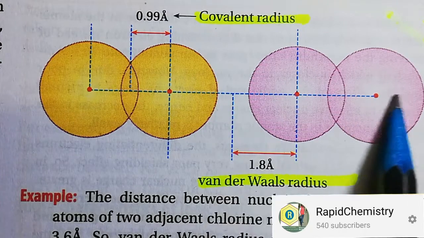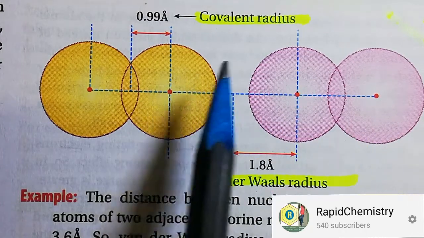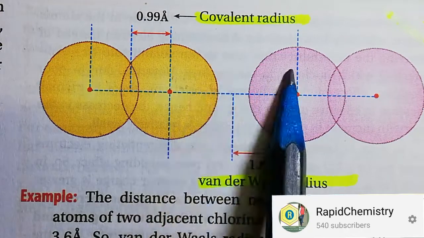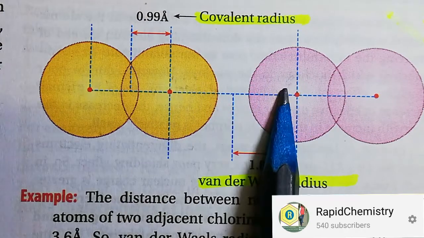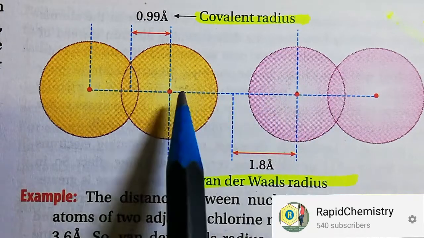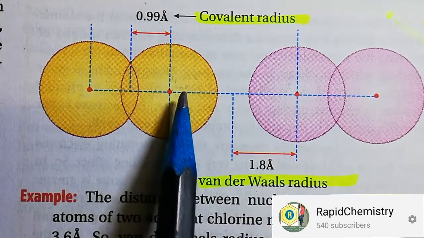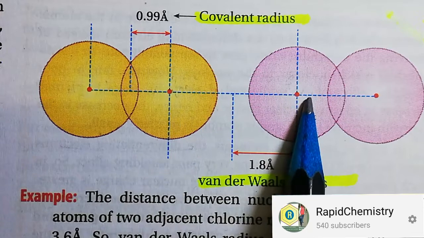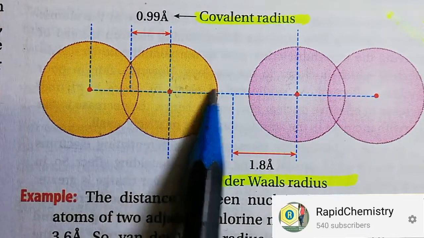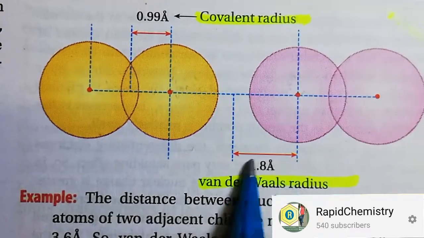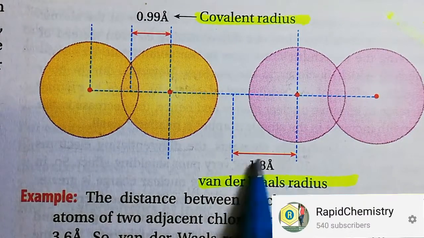In between these two adjacent molecules, these are the neighboring atoms, and their centers have been shown here. If you connect these two points and take half the distance, that would be the van der Waals radius.